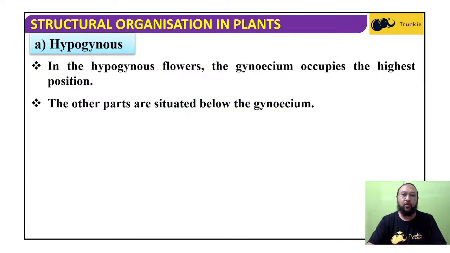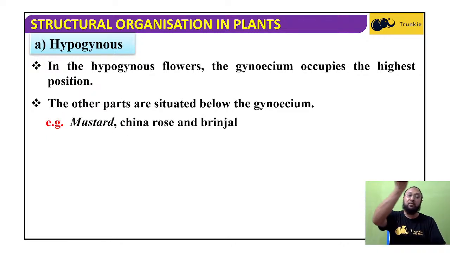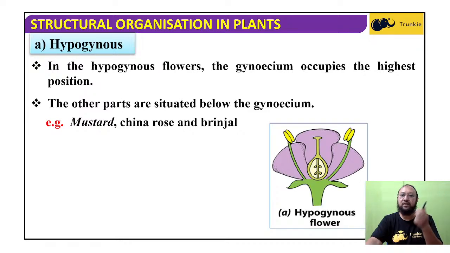So the ovary is superior in the hypogynous flower, because the gynoecium is at the top, the ovary is present in the gynoecium, and below that the other floral parts are present. Examples are mustard, China rose, and brinjal. You can see here in the hypogynous flower, the gynoecium with the ovary is at the top.